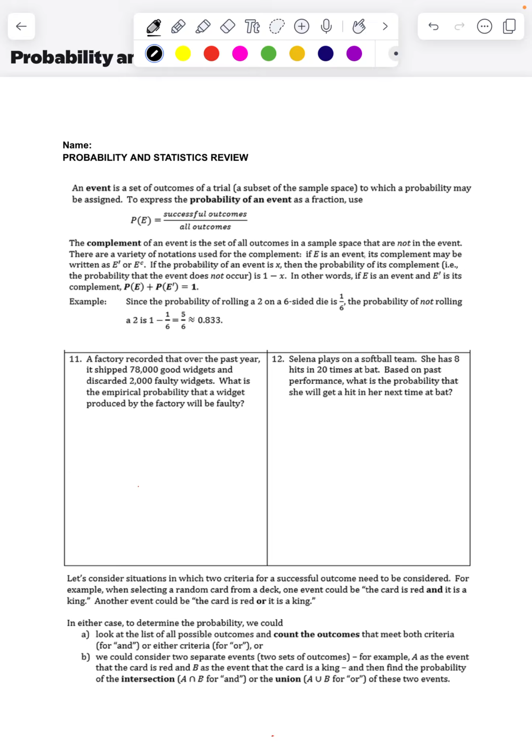All right. So in probability, we want to start with the probability of an event happening. An event is just something happening. Let's take a look at an example like a six-sided dice. Sorry, I'm not an art teacher.